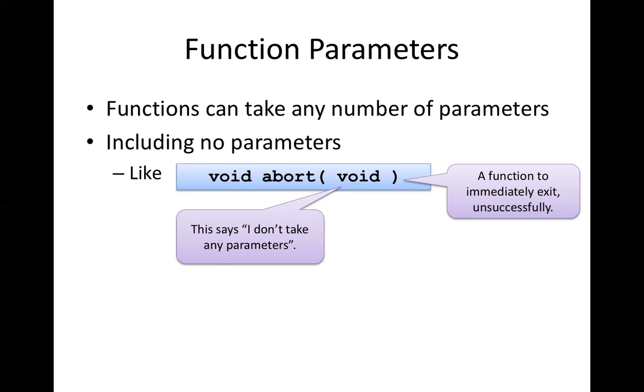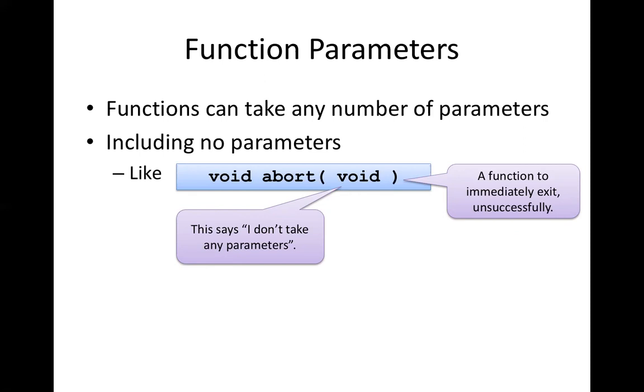In C, if you just leave that blank, officially you're saying, I'm not going to tell you anything about the parameters of this function. So officially, if we have a function that doesn't take any parameters, we should be putting the word void there inside parentheses when we're defining that function.